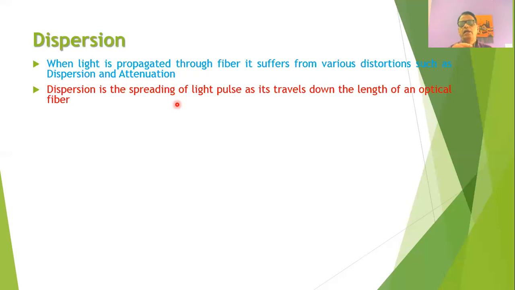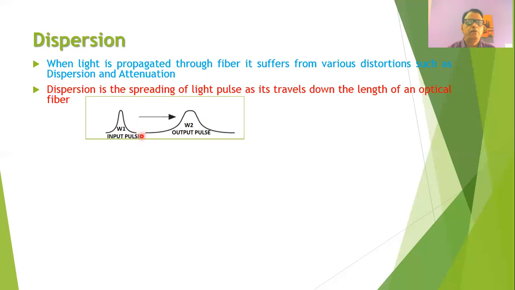The light ray has to travel a long length through the fiber, sometimes several kilometers. In such a case, there is a spreading of the light as it is propagated through the fiber, and this spreading of the light is called dispersion.